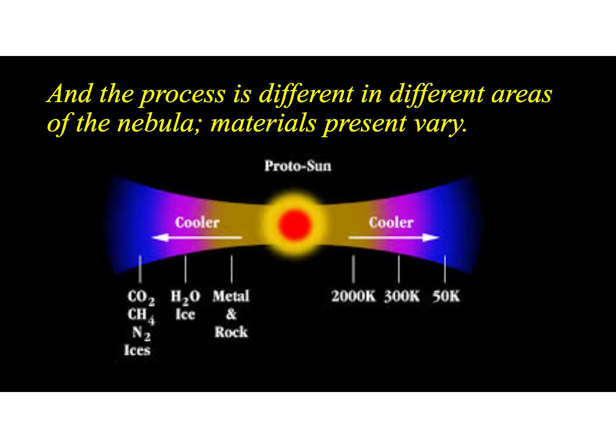But the process isn't exactly the same in all areas of the nebula. The sun is in the center, and the material in the disk cools as you move away from the sun. The sun swept up the majority of the gas in the inner solar system, leaving only rocky and metallic material for the innermost planets, Mercury and Venus.